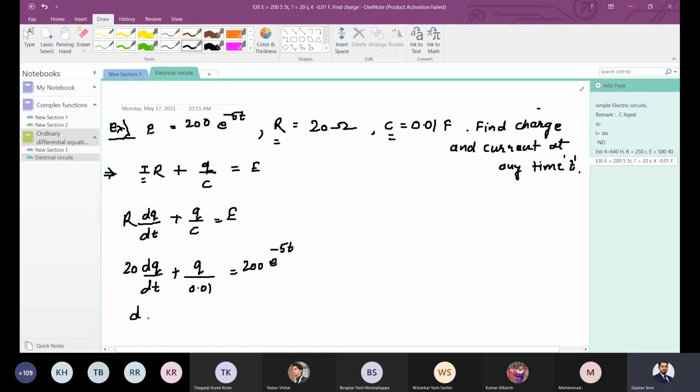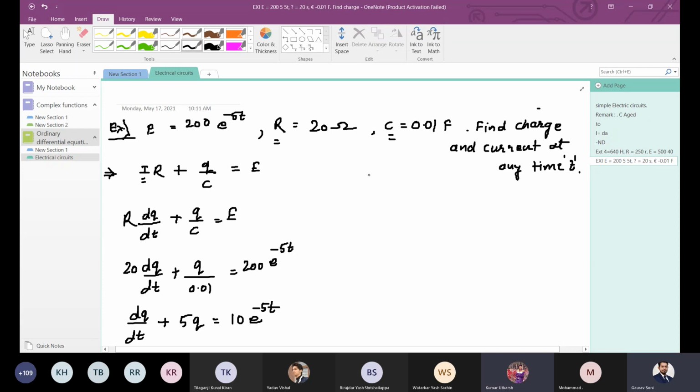So dq by dt plus, 0.01 is 1 upon 100, so this will become 5, I guess, 5 into q is equal to 10 e to the power minus 5t.